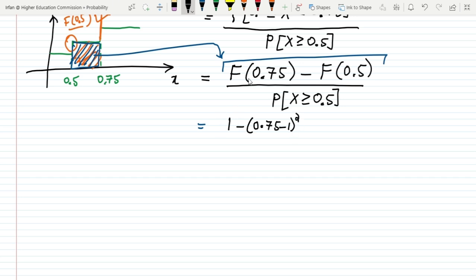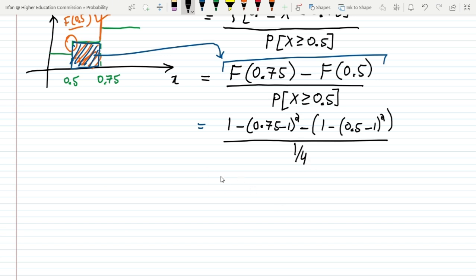Okay, so this is for this one, and now for the other one I will have minus, and I will have 1 minus (0.5 minus 1) whole square. Dividing it over what was already found out, and that is 1 by 4.